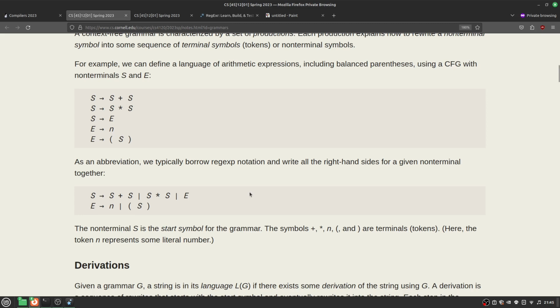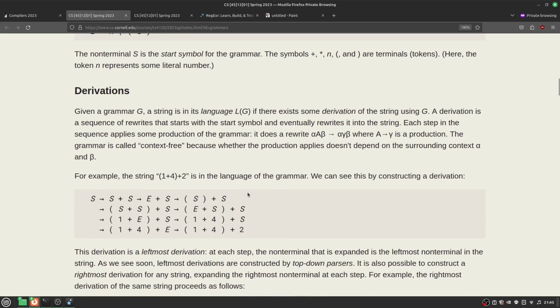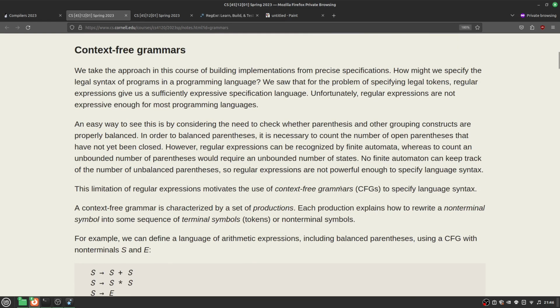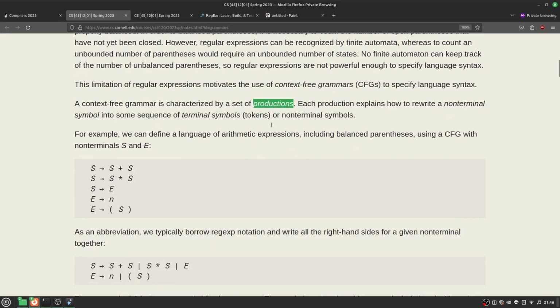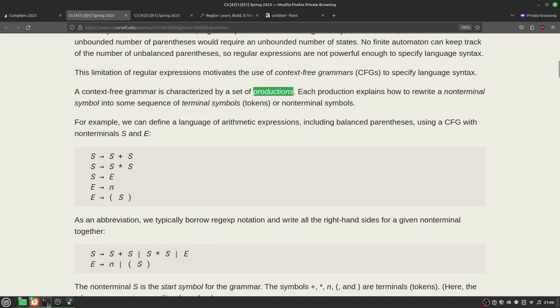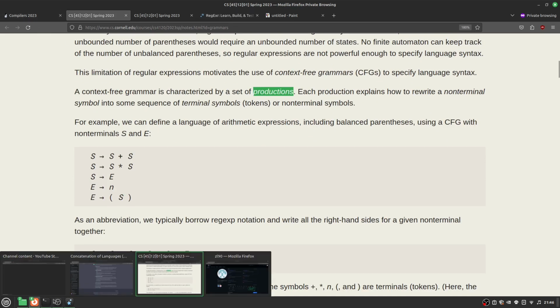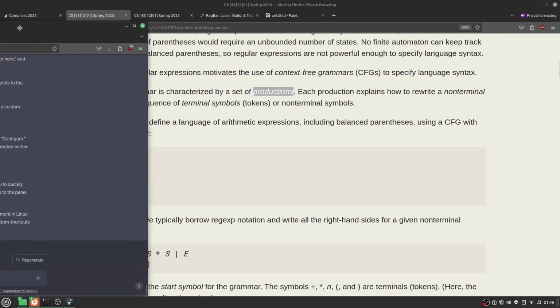Okay, I'm going to have to dive a bit deeper on that. What is a set of productions? Let's look that up. Let's ask ChatGPT about that.